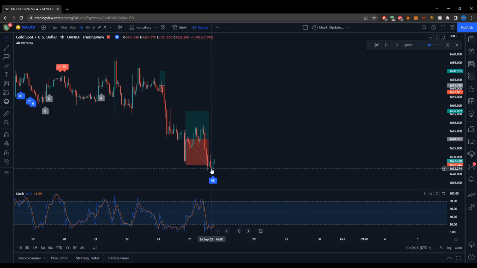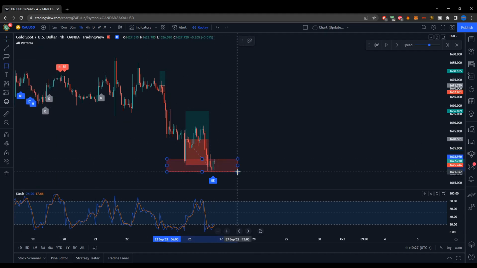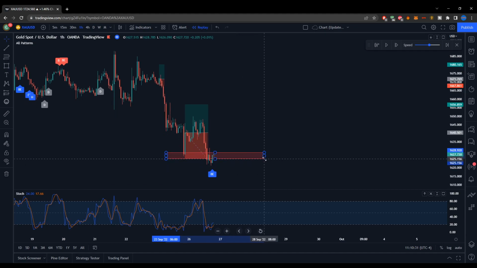So here you can see there's a bullish engulfing candle. Also, it's near this zone here, this support zone here. Okay, so support is not a price, it's a zone.